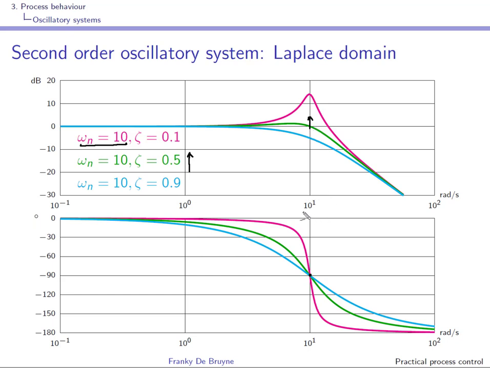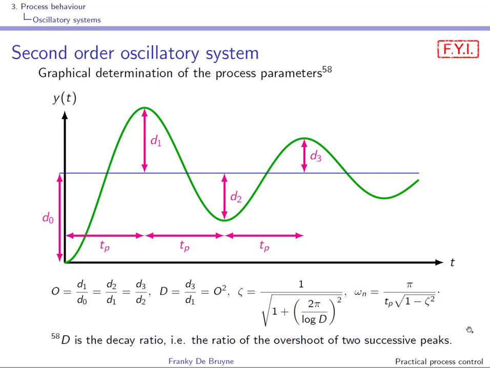For your information only, it is possible using an experimental closed loop response to determine the process parameters that are associated to the second order oscillatory system. For that you need the decay ratio, right? This is the ratio of the overshoot of two successive peaks, so d3 over d1.